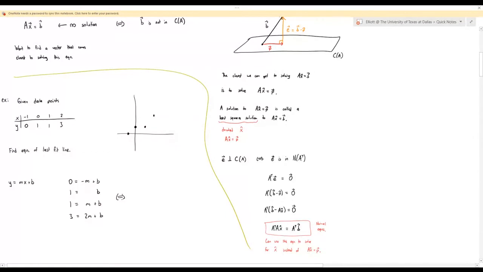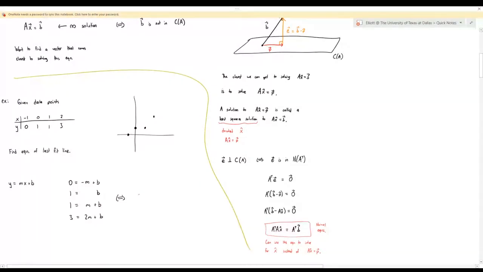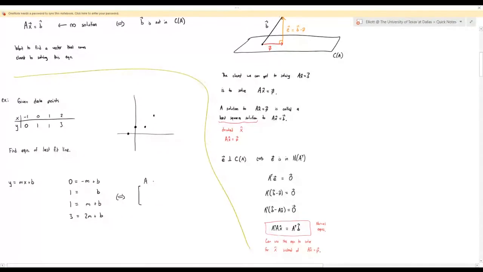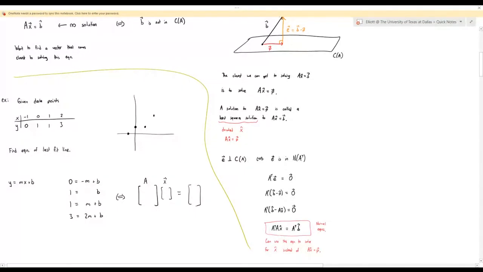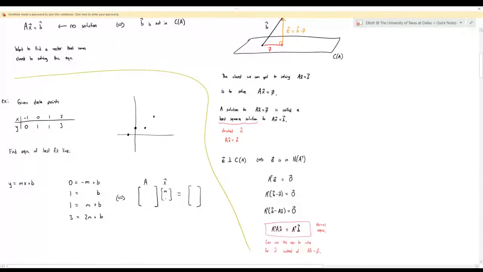First, let me take the system of equations and set it up in the form Ax equals b. Here in the system of equations, m and b are the 2 unknowns.